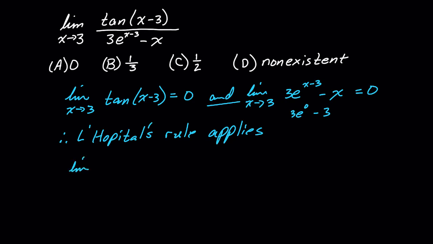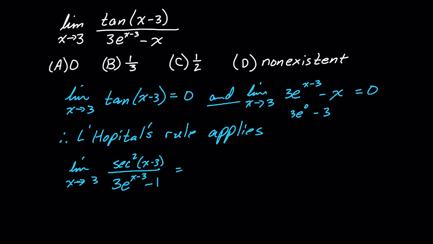Giving us the limit as x approaches 3 of the derivative of the numerator, which would be secant squared of x minus 3, over 3e to the x minus 3 minus 1.